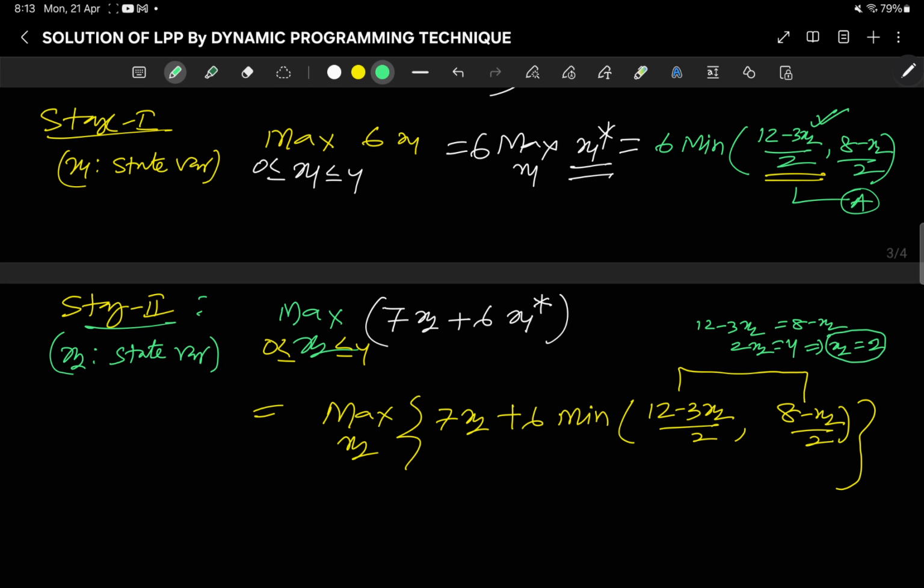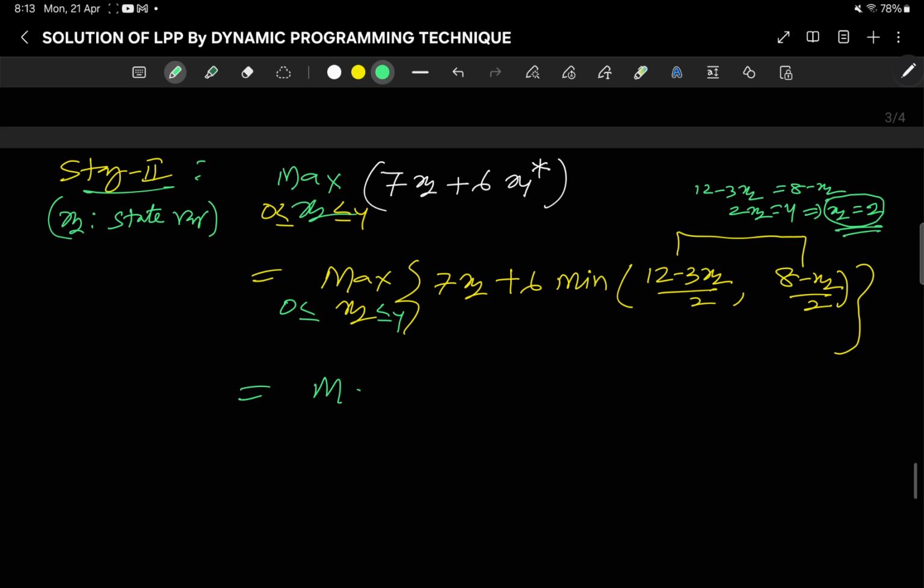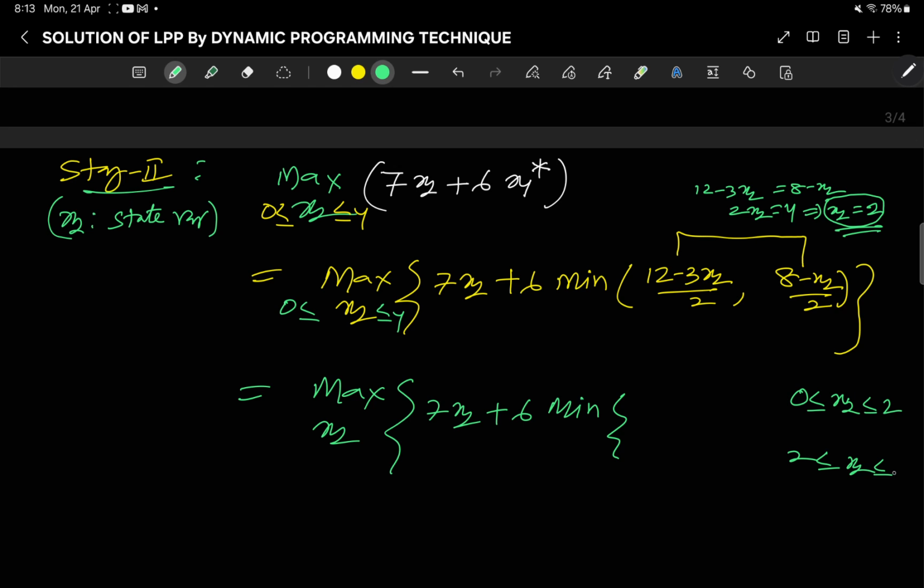Okay, so the range is 0 to 4, but there is an intermediate value 2. So we should write maximize over x2 of 7x2 plus 6, times the minimization over the intervals 0 less than or equal to x2 less than or equal to 2 and 2 less than or equal to x2 less than or equal to 4.